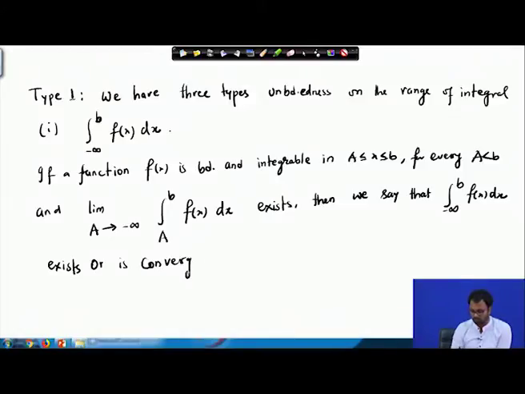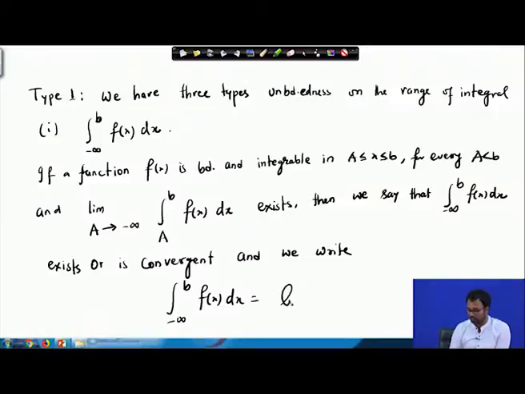And we write the integral from minus infinity to b f(x) dx is basically the limit as A goes to minus infinity of the integral from A to b f(x) dx.